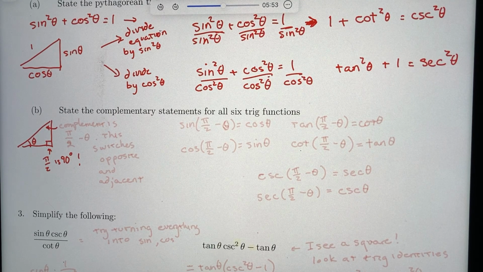So how do you do a complement? 90 degrees minus theta, but we're doing real angles now. Pi over 2 minus theta. And it switches opposite and adjacent.